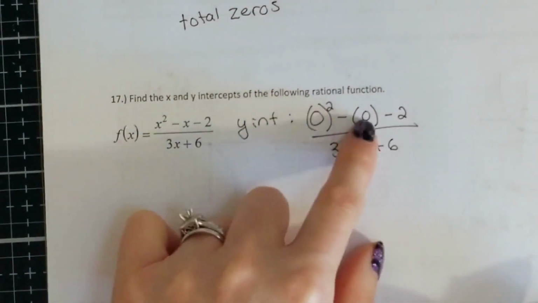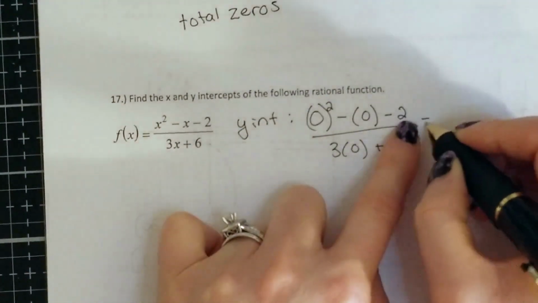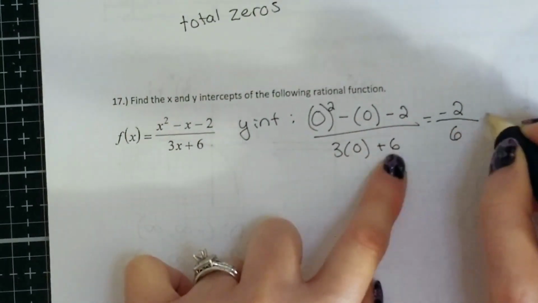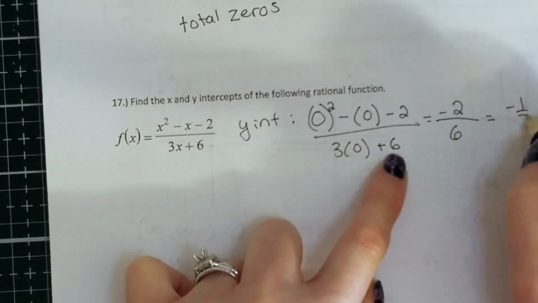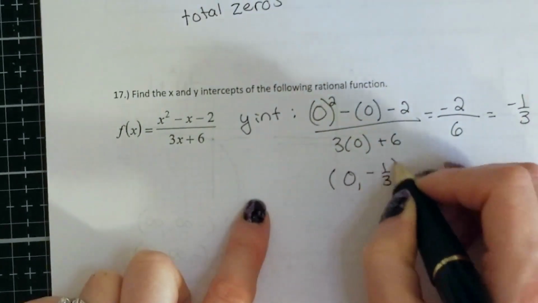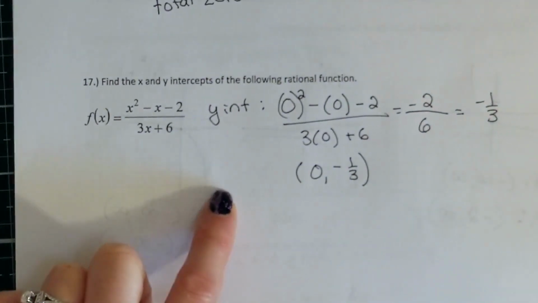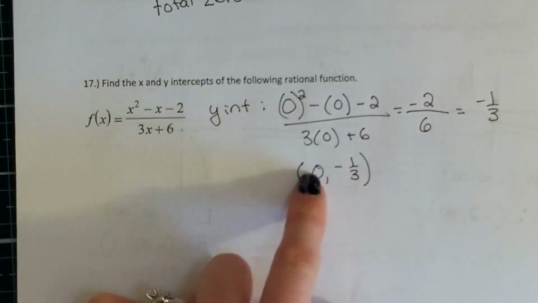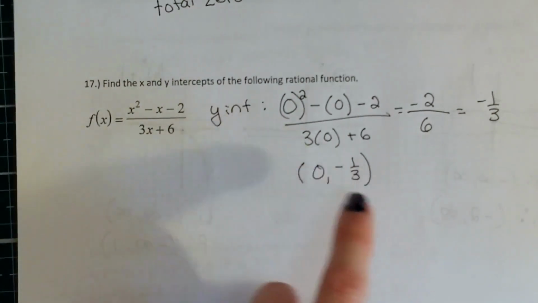So this is 0 minus 2, so this is negative 2 on the top. This is 0 plus a 6. Reduce your fraction, we get negative 1/3. So 0 comma negative 1/3. Be careful when you're reading the answers, because I can pretty much promise you that negative 1/3 comma 0 would be an answer choice and it would be the wrong one.